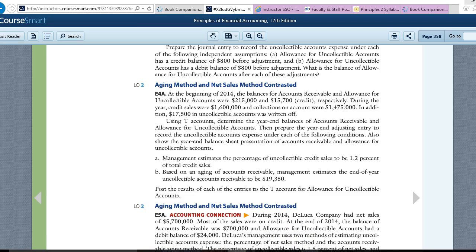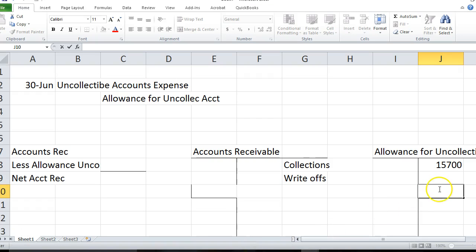So we want this figure to be $19,350. That's where the difference is. Okay? It's telling us what they want it to be.